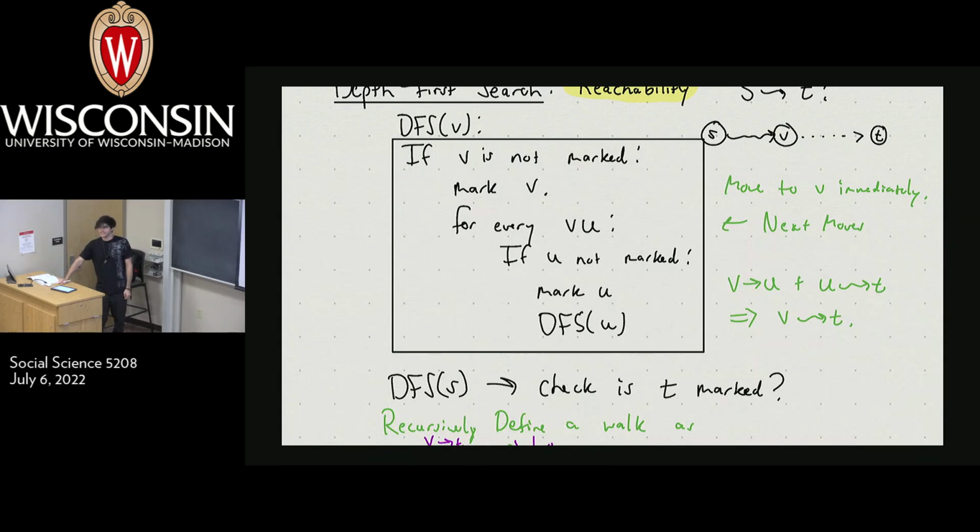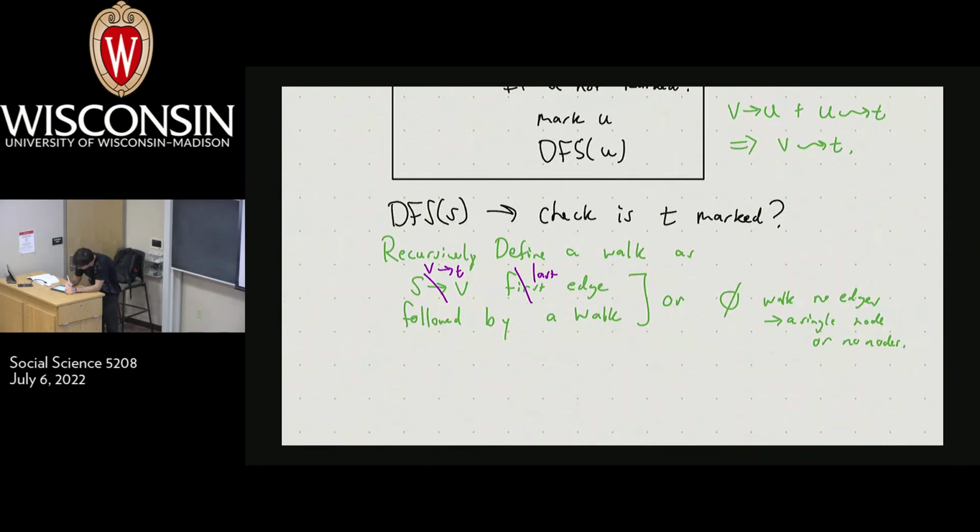And so why is the algorithm correct? Well, any walk from V to T has a first edge, or V is equal to T. So that's basically the induction proof. So our induction proof is either V equals T, and then we're done.